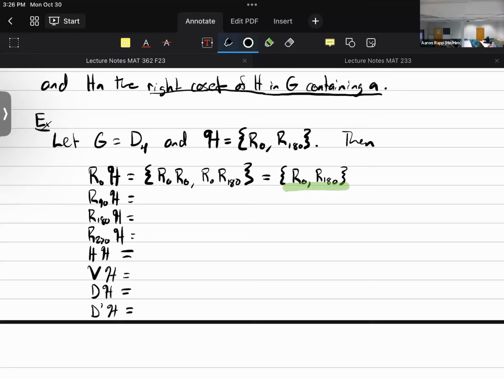If I look at the coset containing R90, well, this is R90 operated with R0, and R90 operated with R180. What will this reduce to? Good.